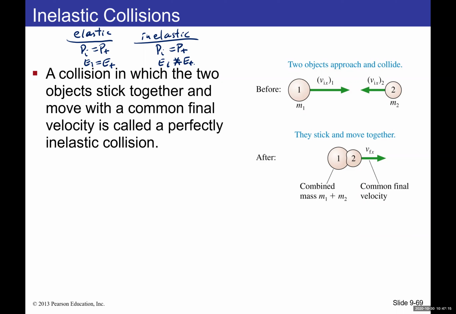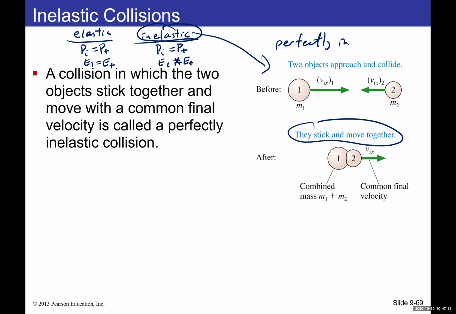There is a special case of inelastic collision that we're going to see, which we already saw, when the objects stick together. They stick and move together after the collision. This is sometimes known as perfectly inelastic or completely inelastic.